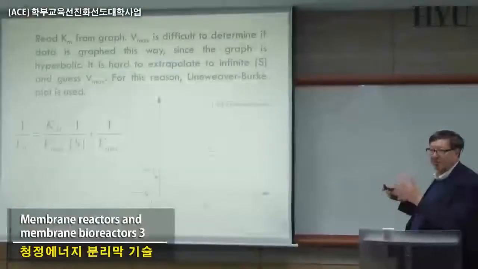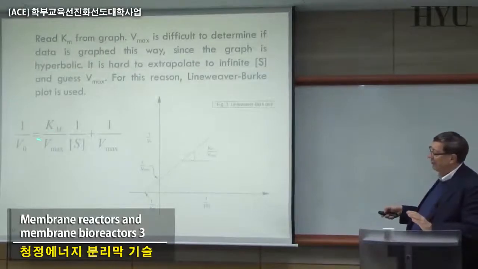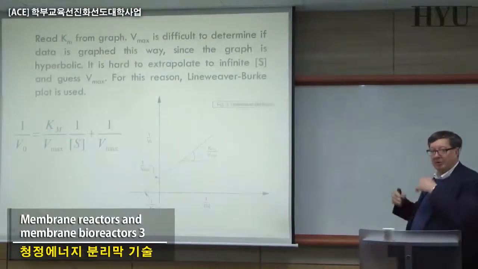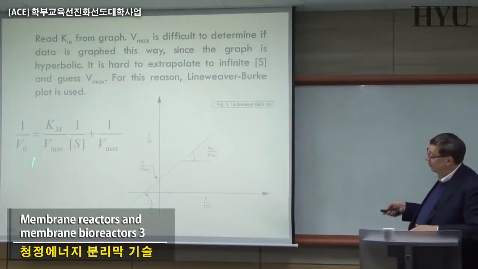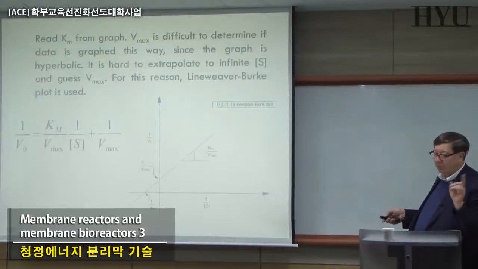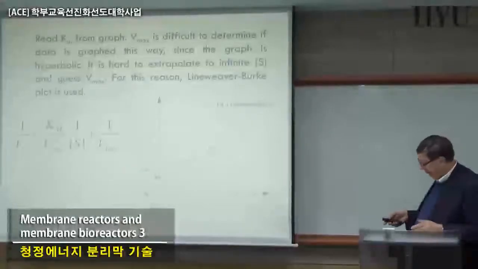And that is coming from this analysis. That is another way where everything is the same, it's just replotting, and it's sometimes much easier to extrapolate in this case than in the previous one. And that is the way to obtain this Michaelis-Menten constant and the max velocity of the system.